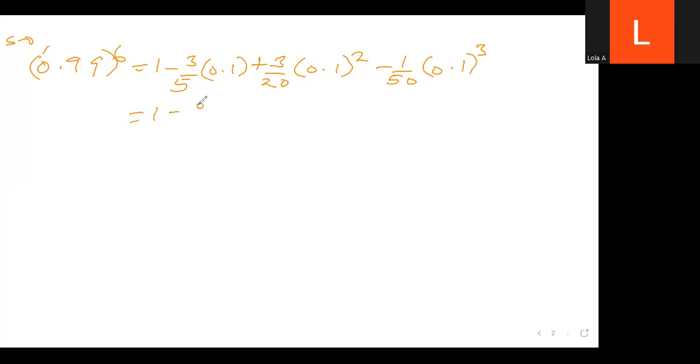So that gives 1 minus 0.3 over 5. That's multiplying 3 by 0.1.